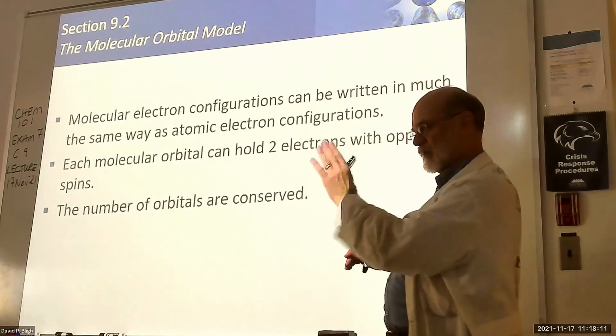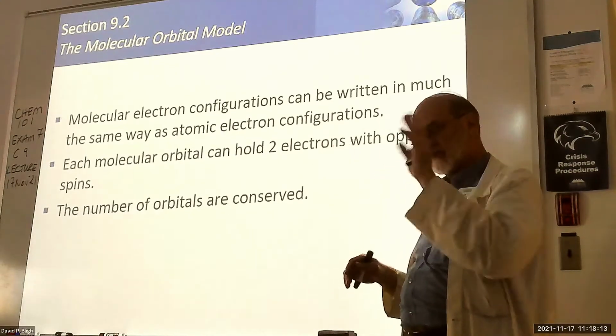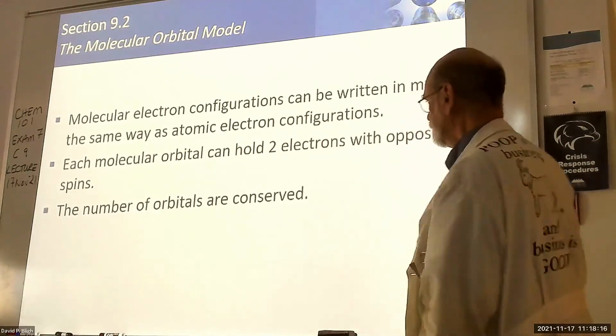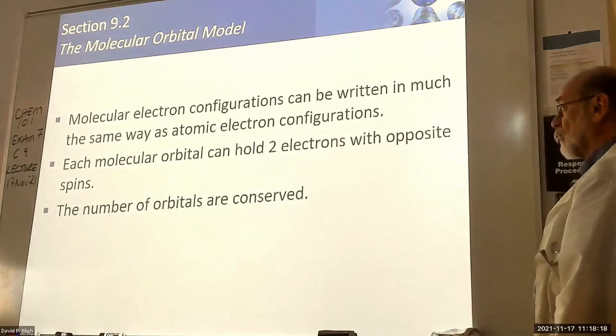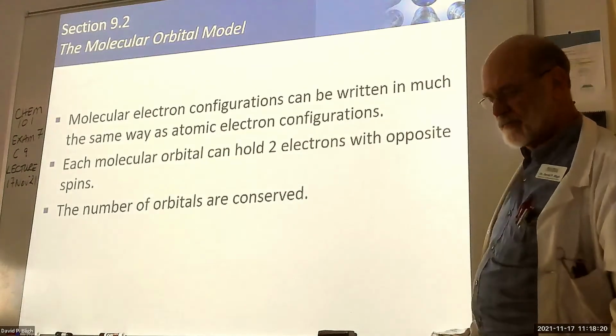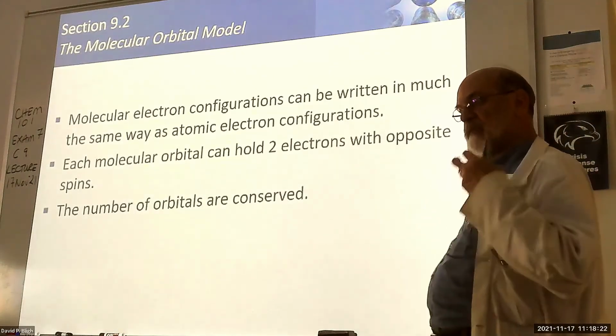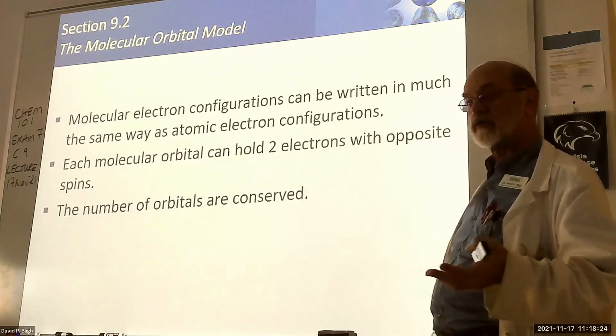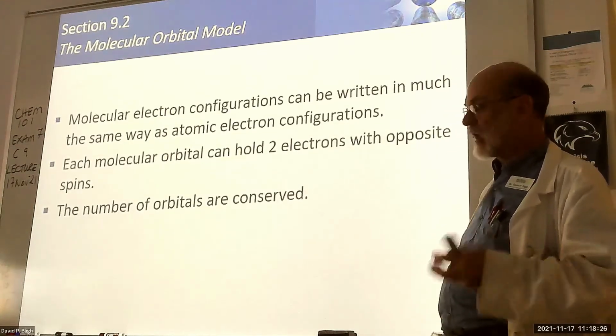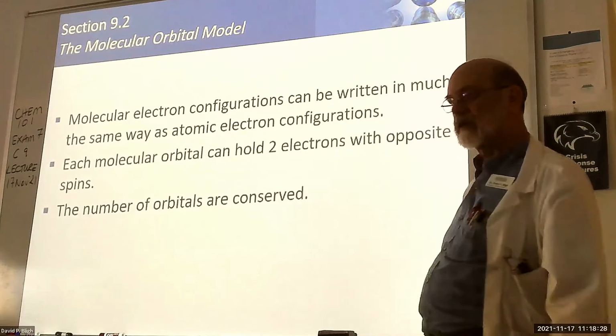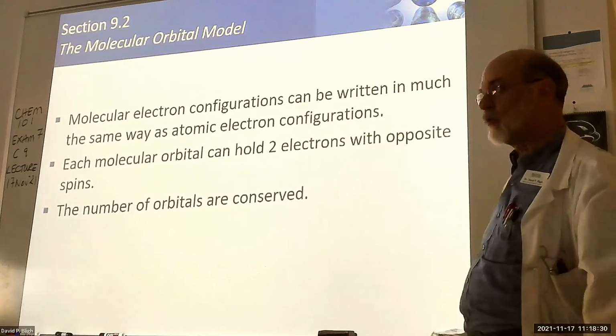Spin up, spin up, spin up, then you go back, start spin downs. And the number of orbitals are conserved. If you know you've got 6 atomic orbitals that went into the mix, you got to have 6 molecular orbitals come out when the molecule forms.